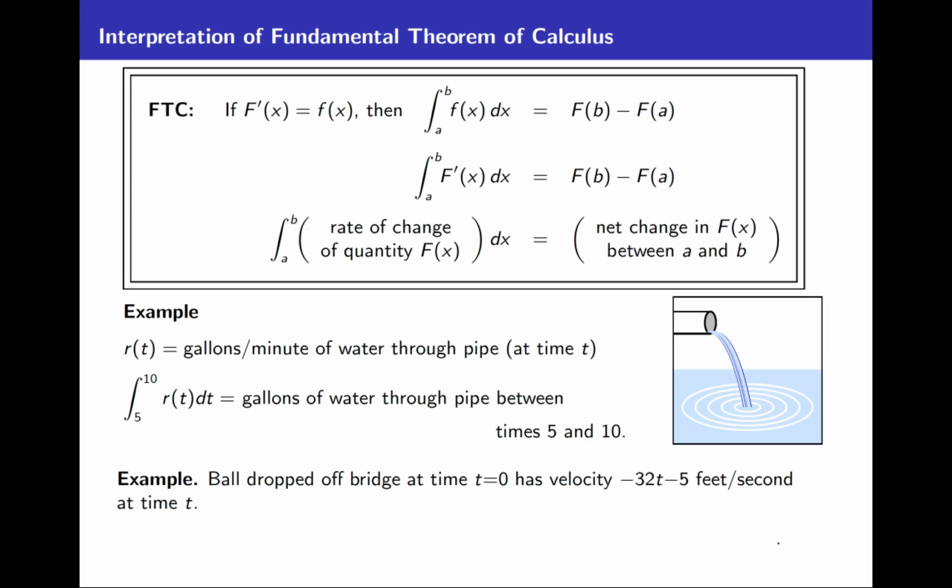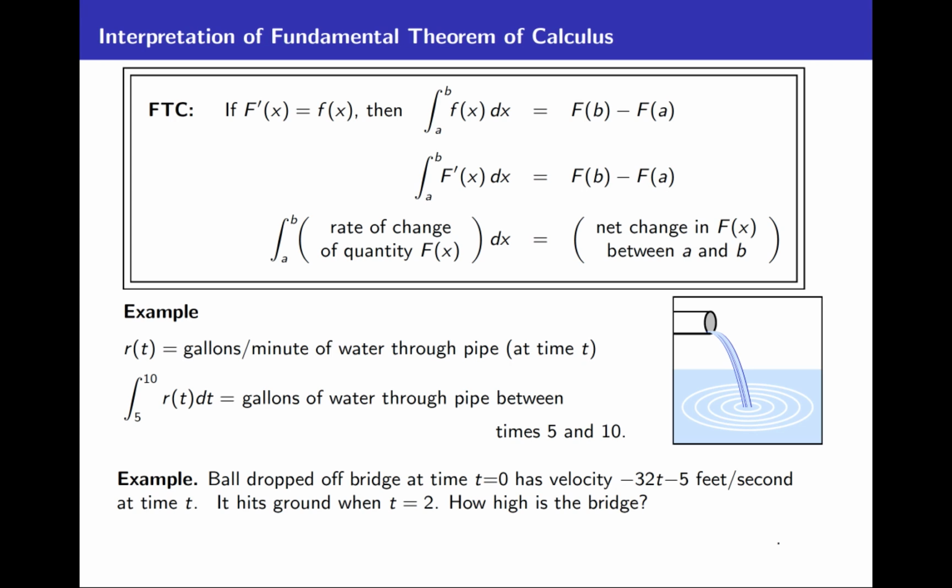Here's another example. A ball dropped off a bridge at time t equals 0 has a velocity of minus 32t minus 5 feet per second at time t. It hits the ground when t equals 2. The question here is, how high is the bridge? So you'll recognize this problem as something that you could solve as an initial value problem that we talked about a number of lectures ago.